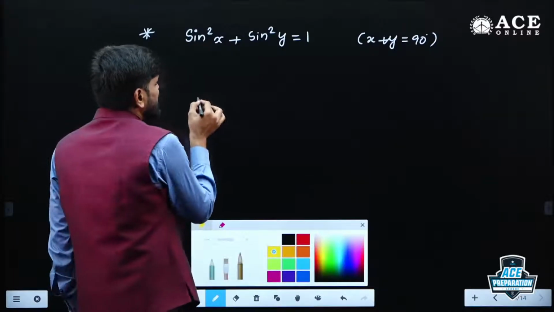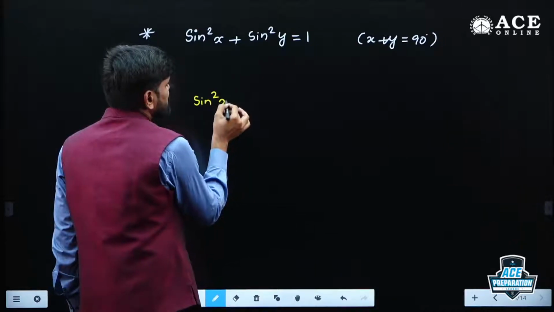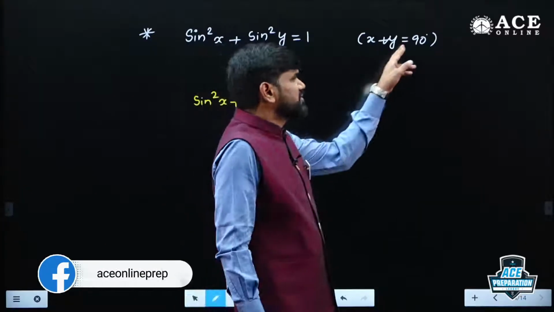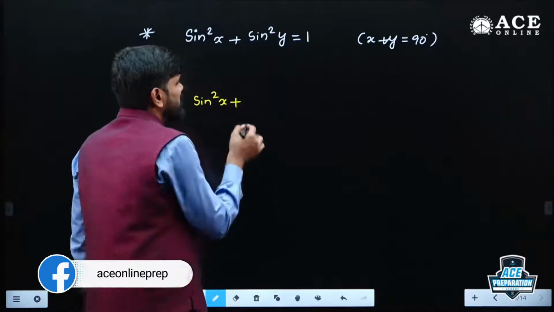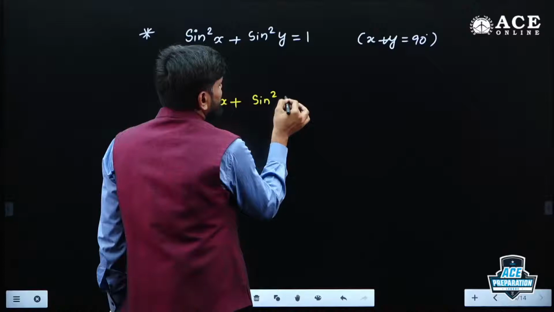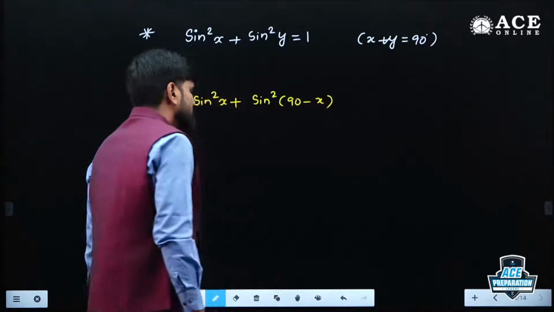So, we can say that sin square x plus sin square y, when x plus y is equal to 90 degrees, here we can say that y equal to 90 minus x.